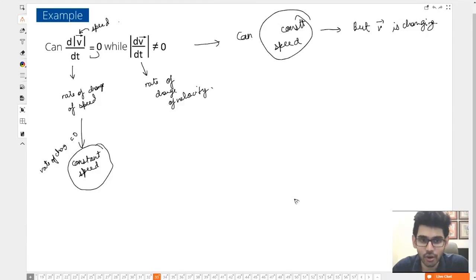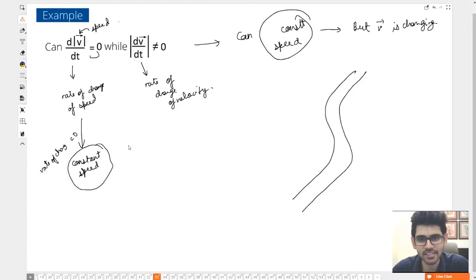If I'm moving on a path like this with a constant speed of 10 meters per second, here I'm moving with 10 meters per second, and here also 10 meters per second. Velocity is changing, see, direction is changing, but speed is constant. Is it possible or not?